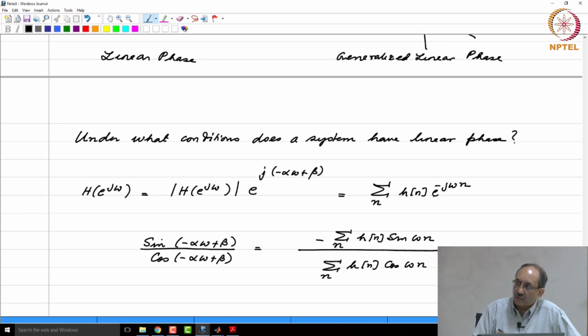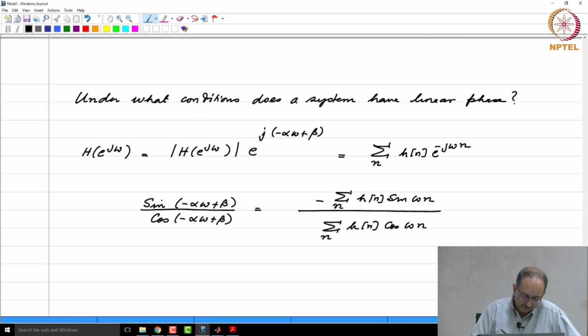So, this is the tangent of the angle of the term on the right. Now, we can cross multiply. So, this is sum over all n h of n sin of minus alpha omega plus beta cos omega n.